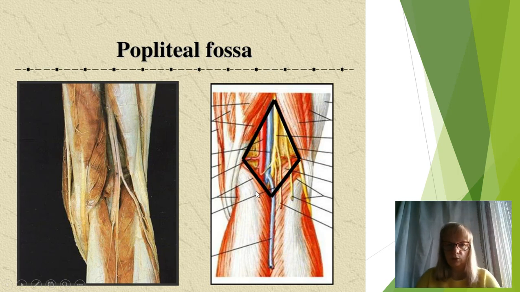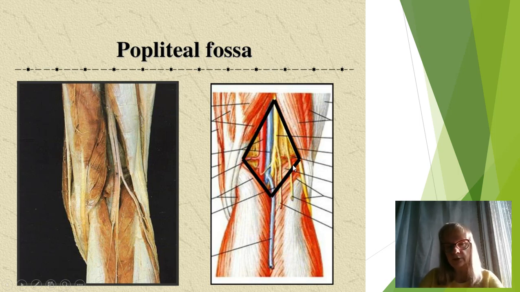The two lower borders are formed by muscles of the posterior flexor group of the leg. This is the triceps surae, which I remind you has the gastrocnemius and soleus.